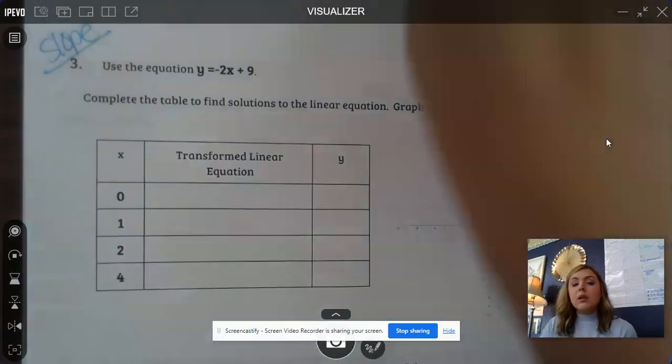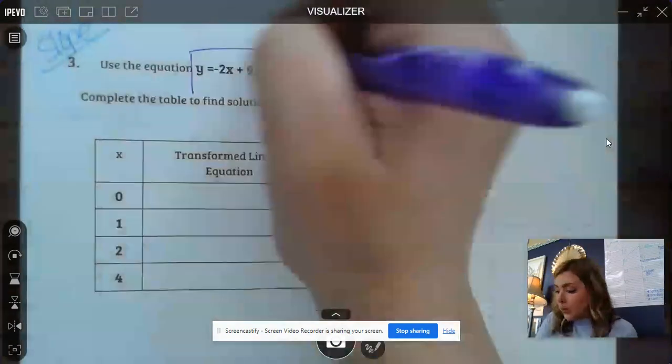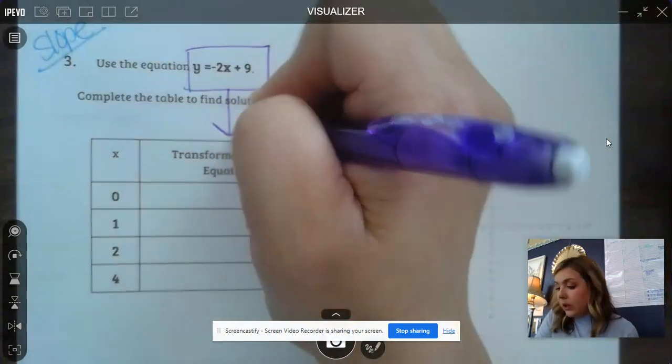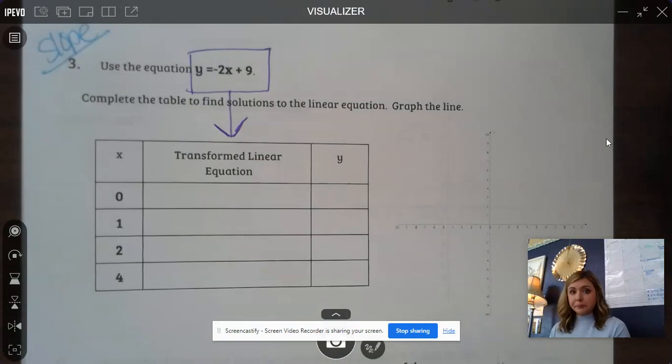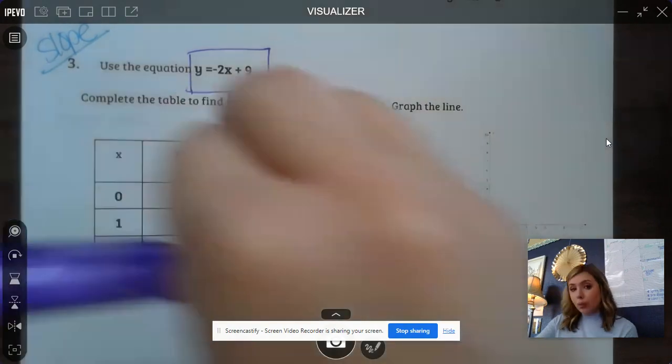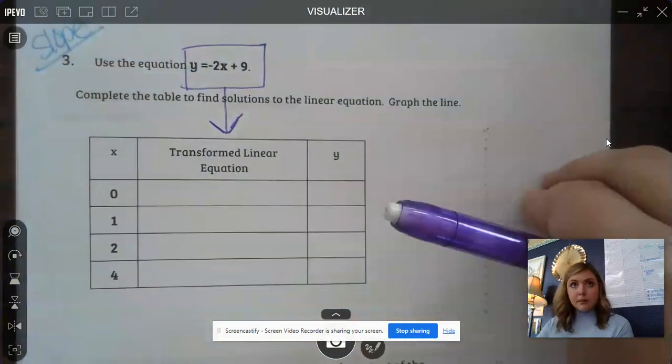Now, this is a y equals equation that we are asked to fill in a table and then put on a graph. Did I give you X values to plug into this equation, or do you have to come up with them on your own? I gave them to you. So if I were you, I would set up a template that I know I'm going to do each time, so that I'm simply plugging in X's, writing ordered pairs, and then graphing them.